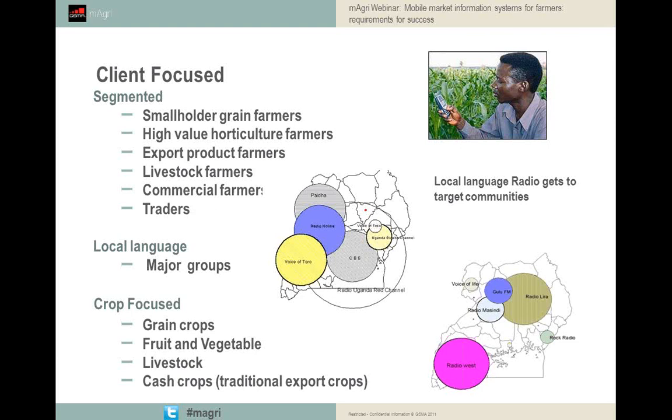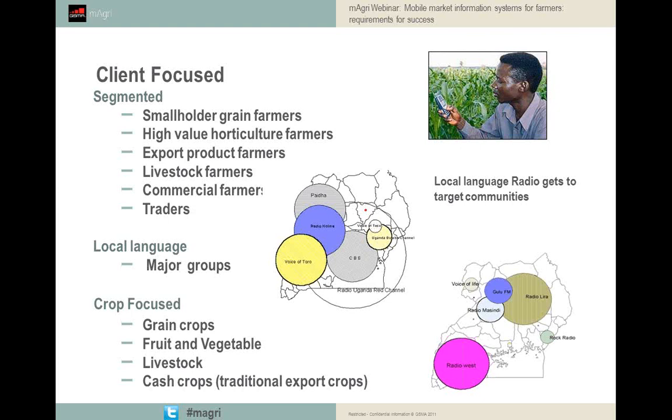When you're doing this type of work, you've also got to be very clear about the type of client that you're working with. And the services will change quite dramatically when you look at smallholder grain crops compared to export farmers or farmers involved with something like high-value horticulture. These different segments need very different types of services.